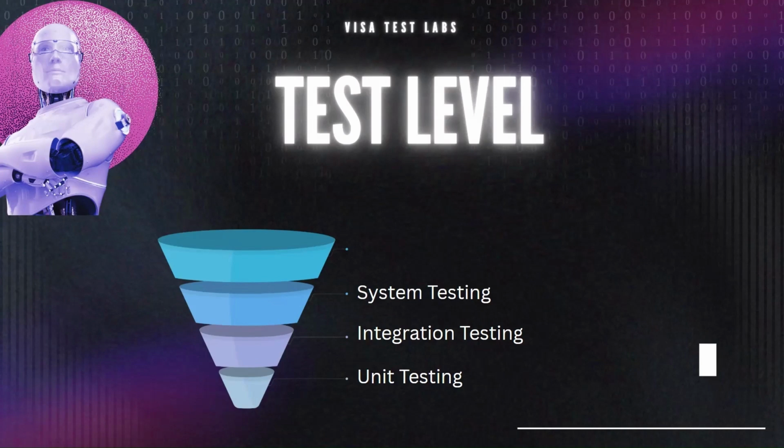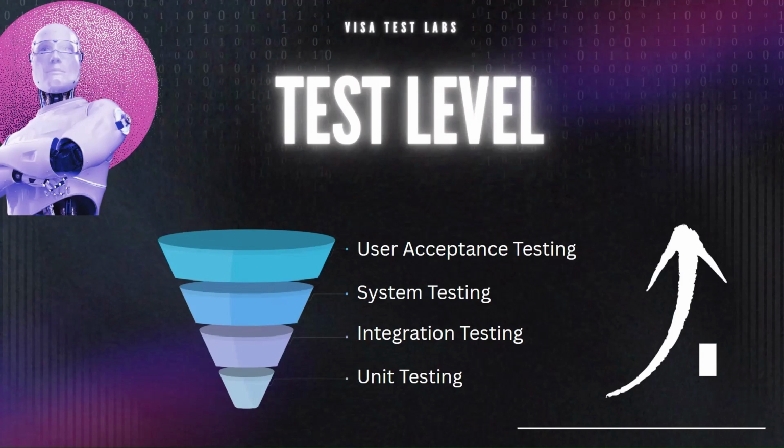Once you complete each and every step up to system testing, the highest level in the hierarchy is user acceptance testing. So these four go from a bottom-up approach. That means you start with unit testing, then integration, then system, and finally user acceptance testing.